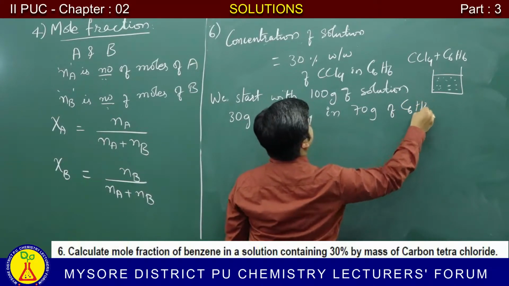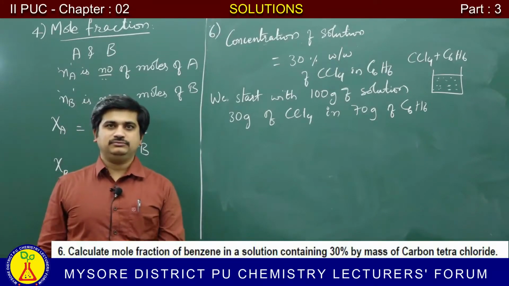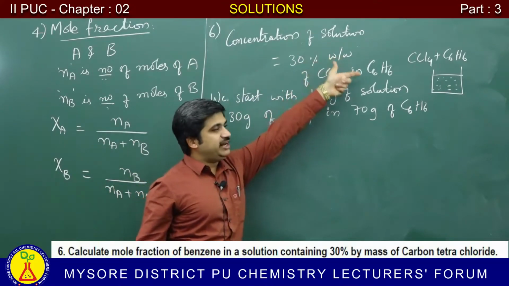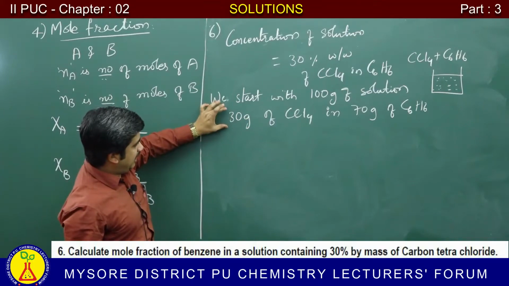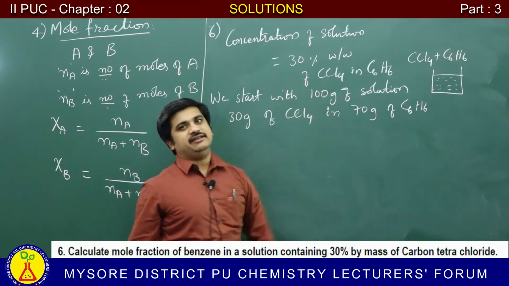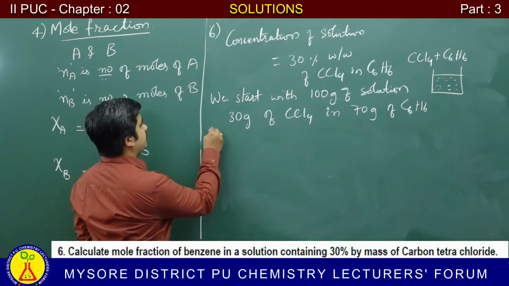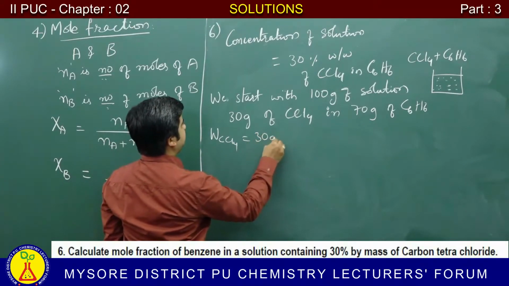This is what it means. Right? Similar kinds of problems we have discussed in the previous video. So 30% weight by weight of carbon tetrachloride in benzene means, if you take 100 grams of solution, it contains 30 grams of carbon tetrachloride and 70 grams of benzene. Correct? So the weight of carbon tetrachloride is 30 grams.